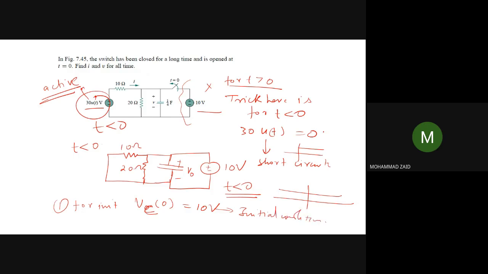Now for t greater than 0, you need to draw another circuit. That is what will happen at t greater than 0. This source will come, that is 30 ut, plus these two resistances will be there, and this capacitor will be there.